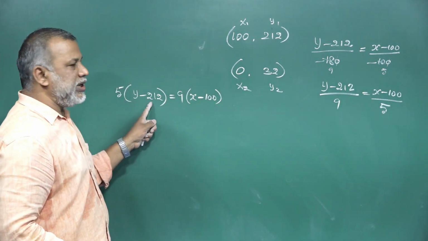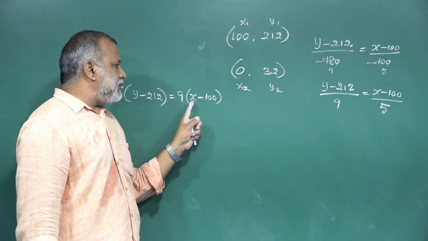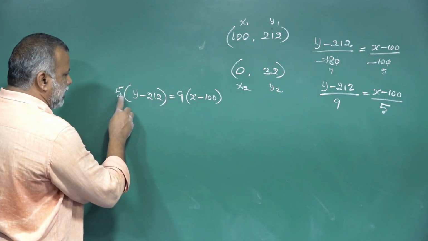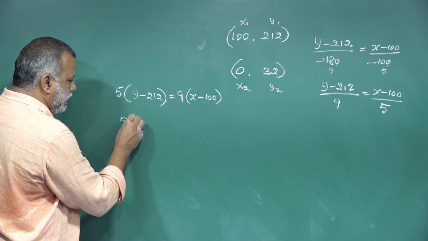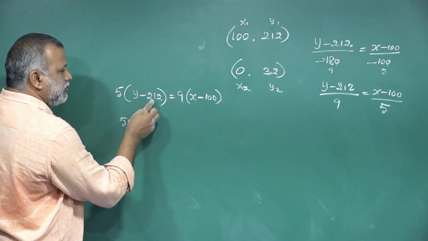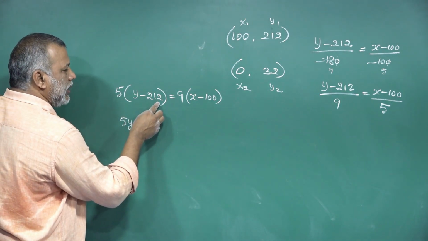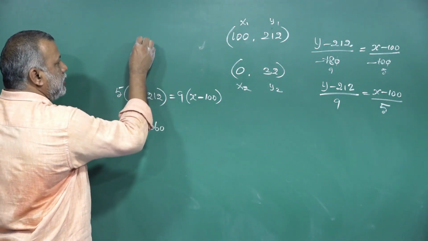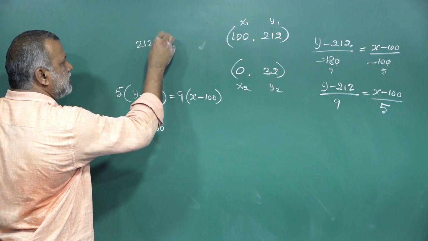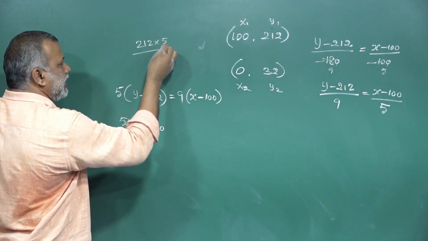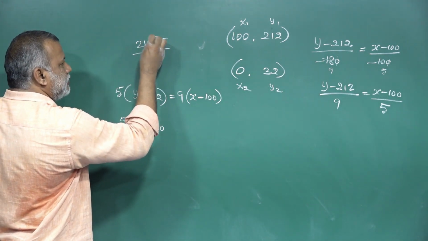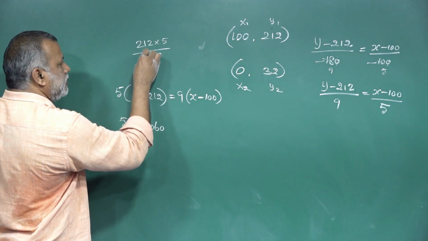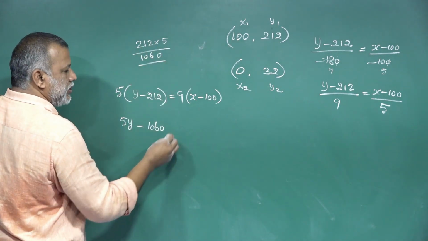Just multiply here, 5y. Then 5 is multiplied with 212. 212 multiplied with 5: 5 2s are 10, again one more, 5, 6, again 5, so 1060 you can get.